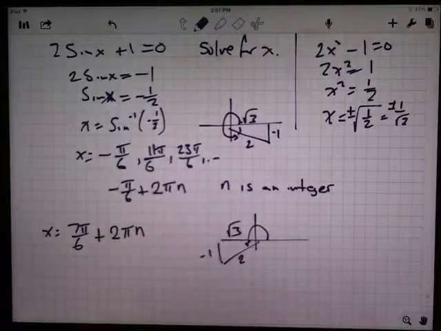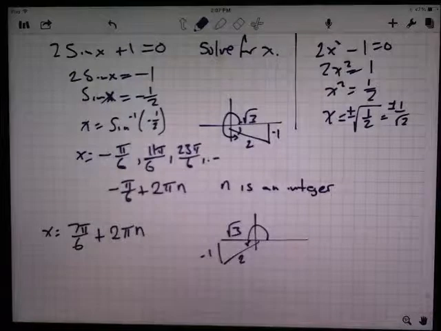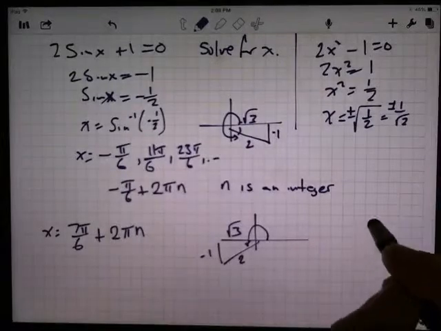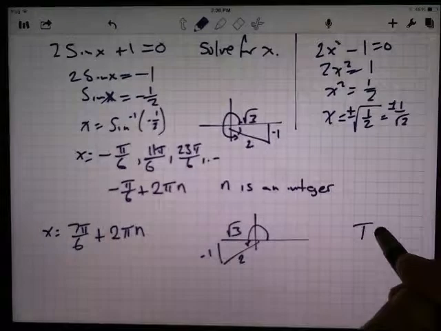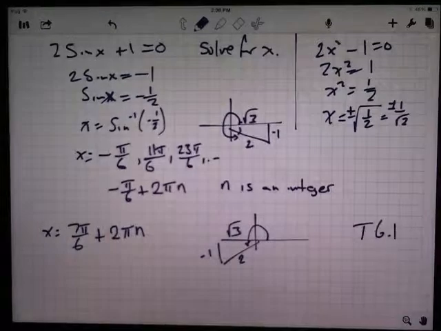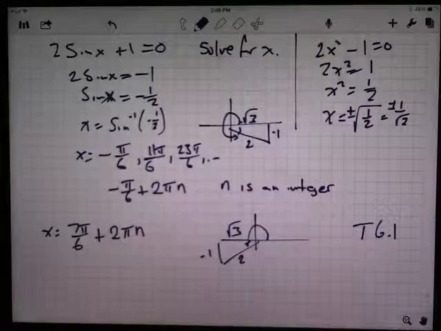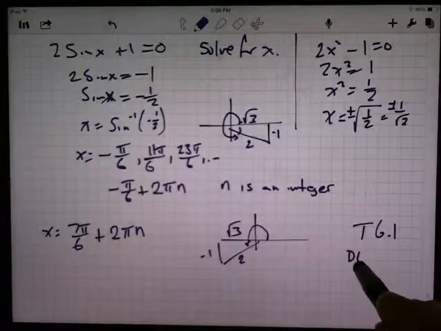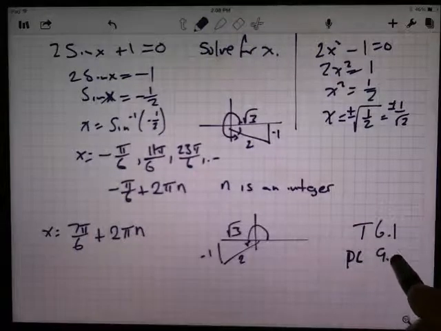Now, I should point out that in the trig book that we've been using, this is section T 6.1. In the pre-calc book, which we haven't really used much at all yet, but we're going to start using, this is section PC, so pre-calculus book, section 9.5.